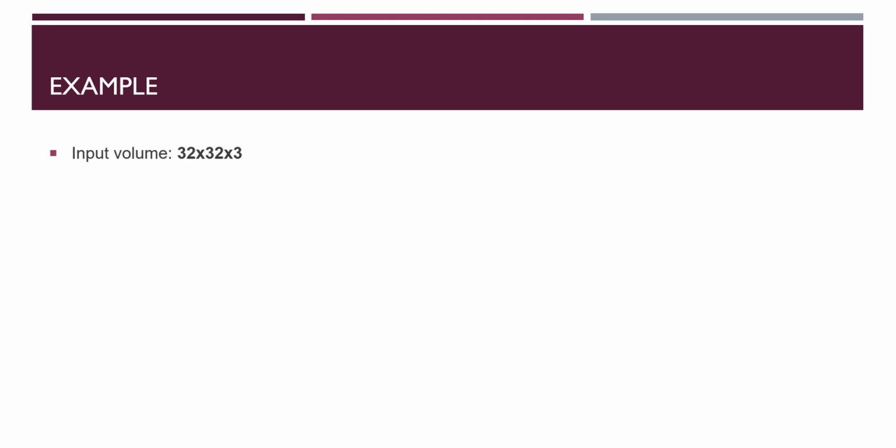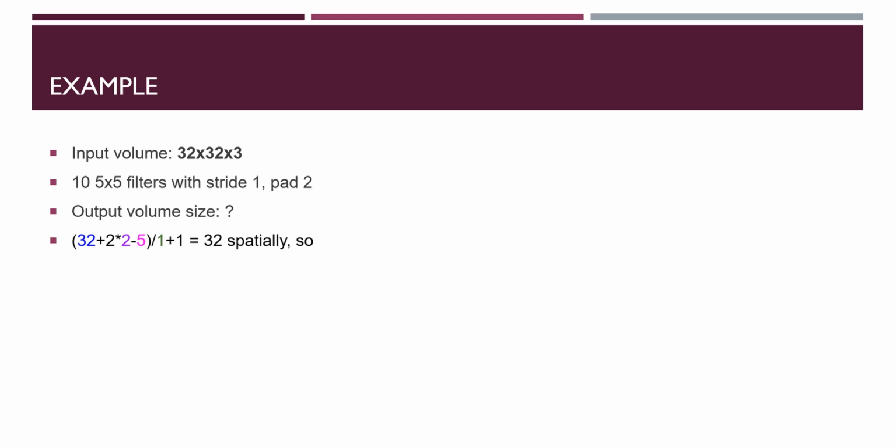Considering the input volume to be 32 by 32 by 3, if we are given 10 5 by 5 filters with stride 1 and padding as 2, what would be the volume size? So the formula for finding out the volume is that you have to consider the pad as well as the stride length.